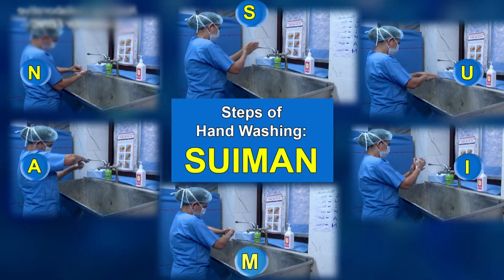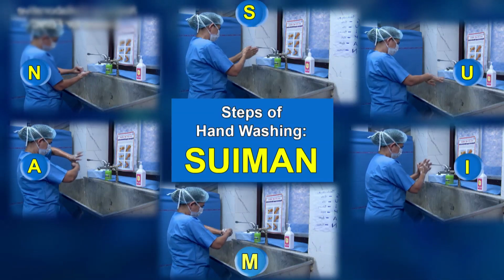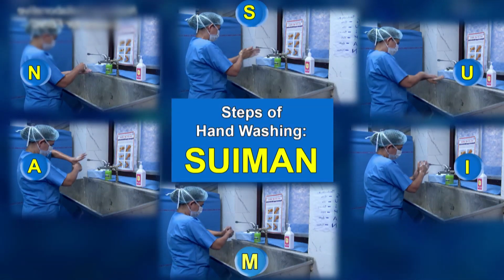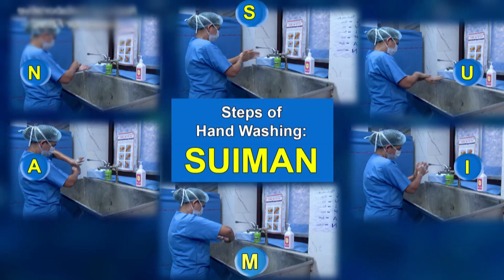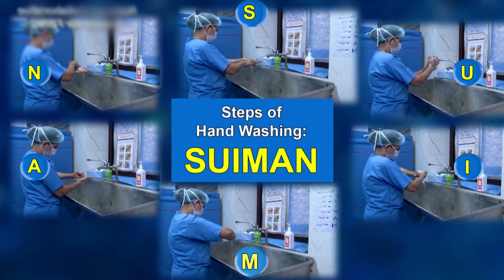Let us learn a simple way to remember all the steps of hand hygiene. These steps can be remembered by a mnemonic Suiman. Each step has to be done 5 times.